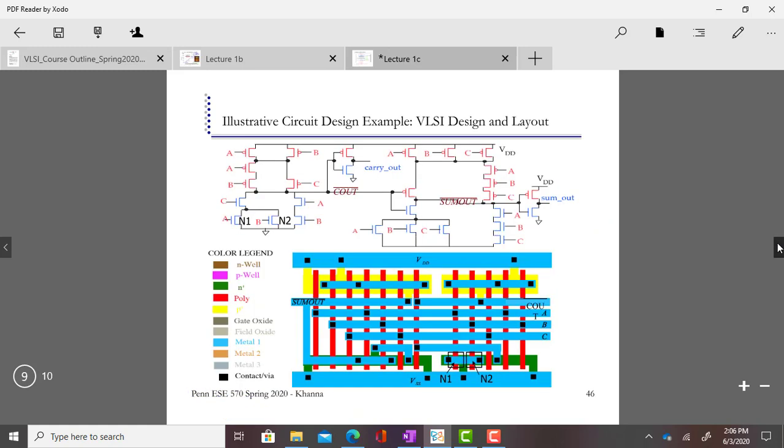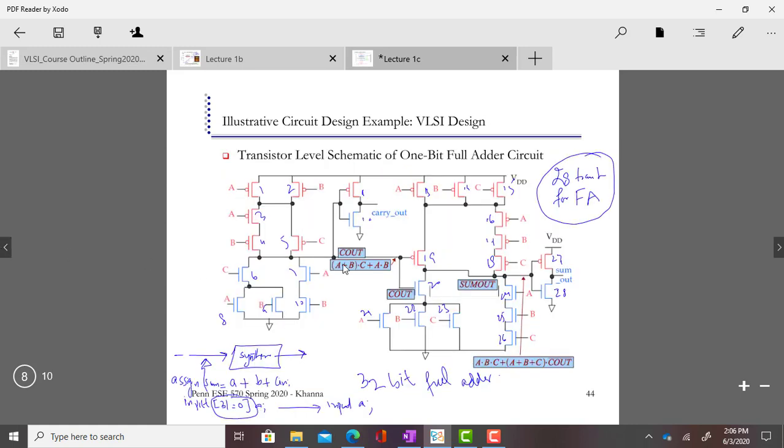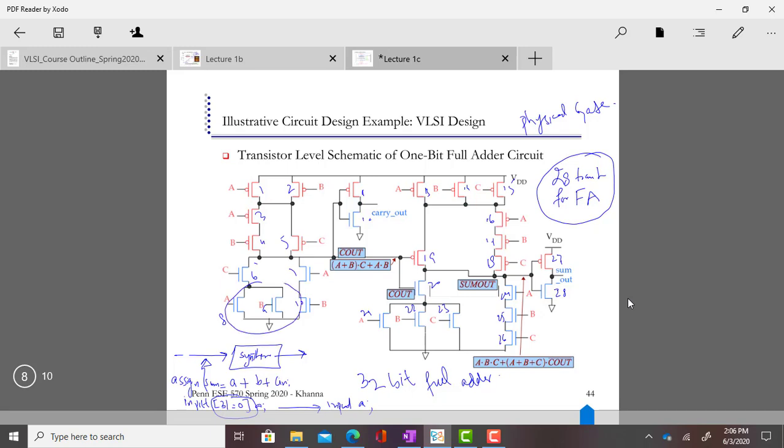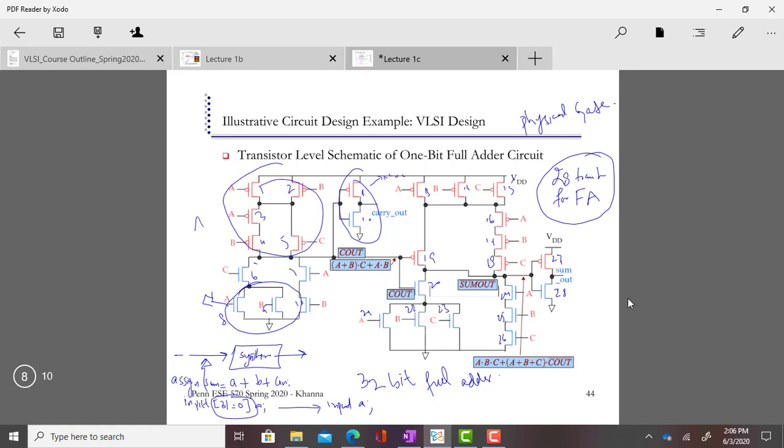Okay, then this is the second one. That step in the VLSI design generates the physical gates. So these are the physical gates. Later in the course we will see maybe this is a NOT gate, maybe this is an AND gate.